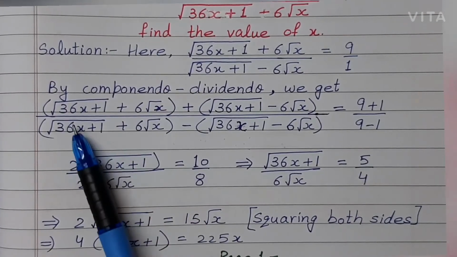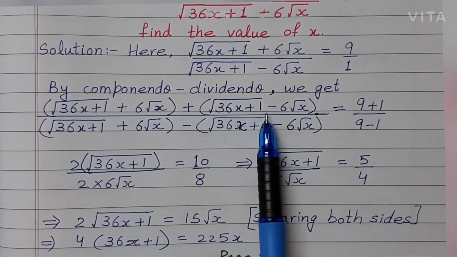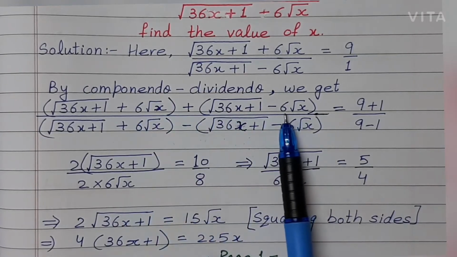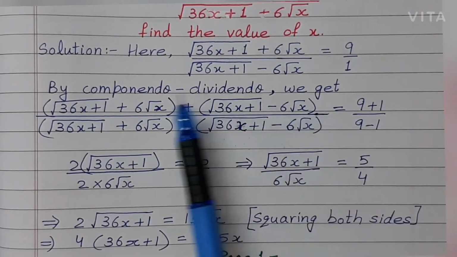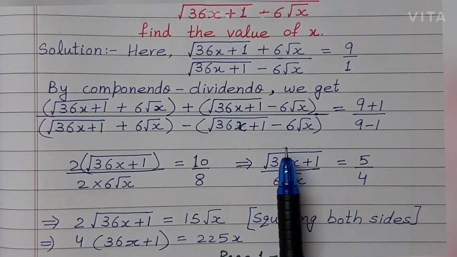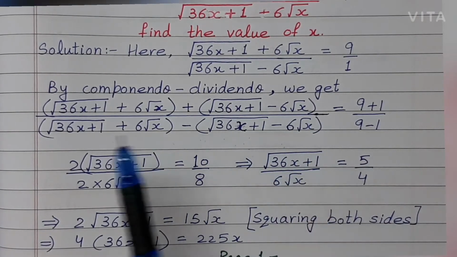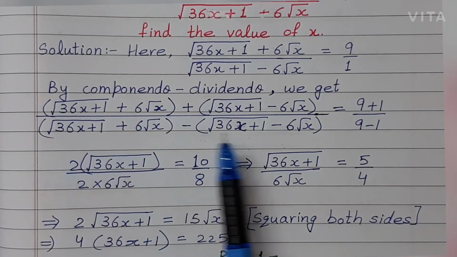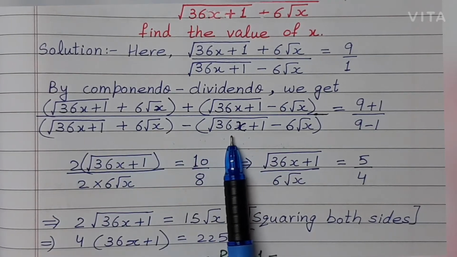Now here, these two terms will get cancelled, that is 6 root x and minus 6 root x in the numerator. They both will get cancelled. Similarly, in the denominator, 36x plus 1 under the root will also get cancelled with the same term with opposite sign.